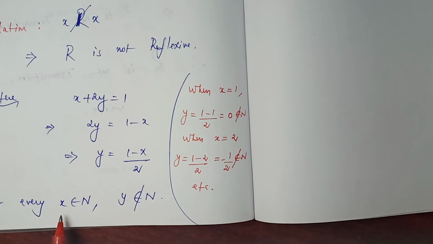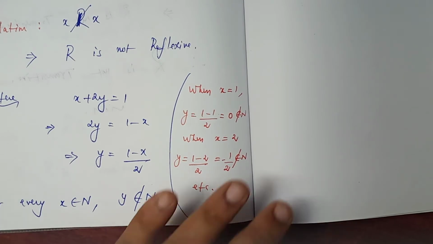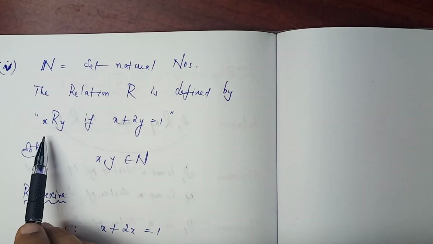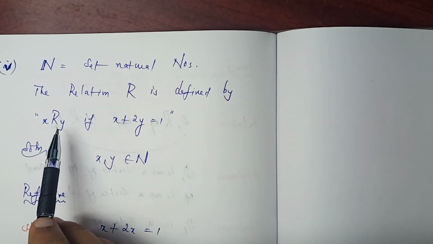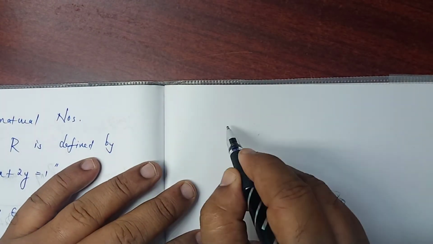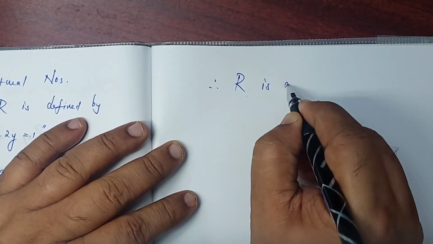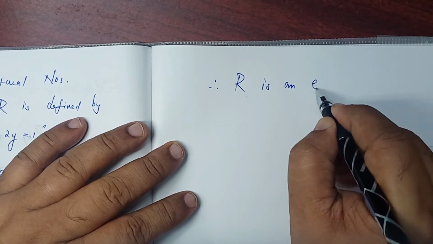Even though x is a natural number, y is not a natural number, which means the relation is an empty set. So no number x is related with y. So R is an empty set.